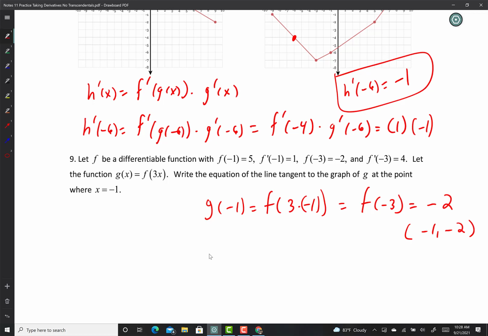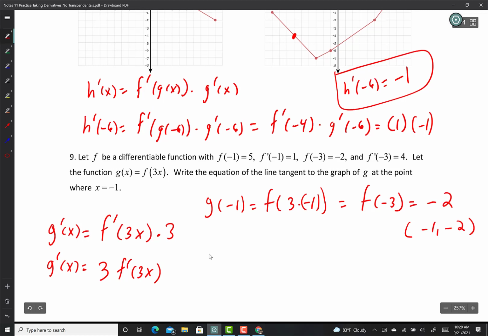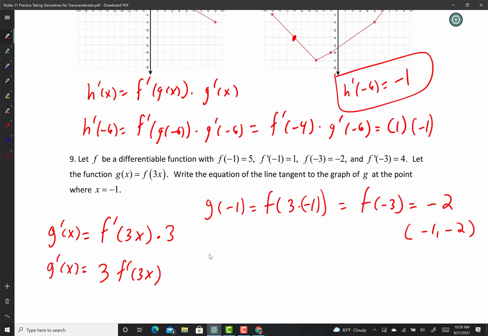Okay, next, I'm going to take a derivative. So g prime of x equals derivative of the outside, f prime, leave the inside alone, 3x, times derivative of the inside, 3. So g prime of x is equal to 3 f prime of 3x. Now we're ready. I'm going to plug in negative 1. So g prime of negative 1 is equal to 3 times f prime of 3 times negative 1, which is negative 3.